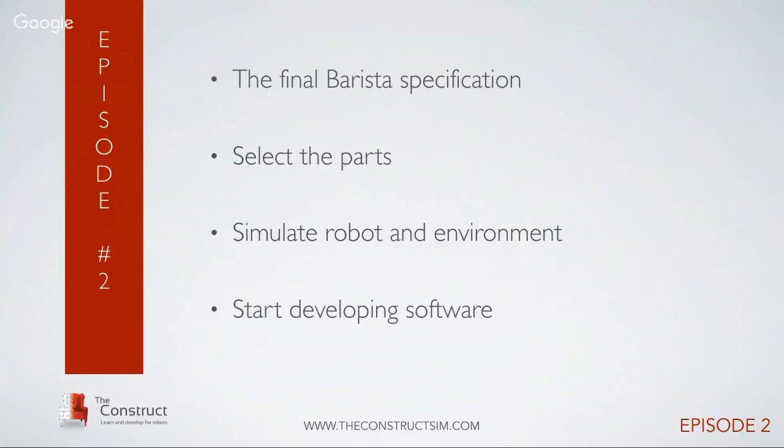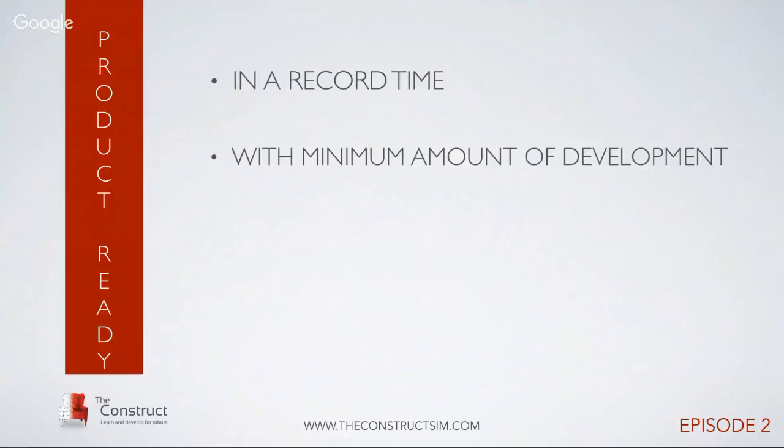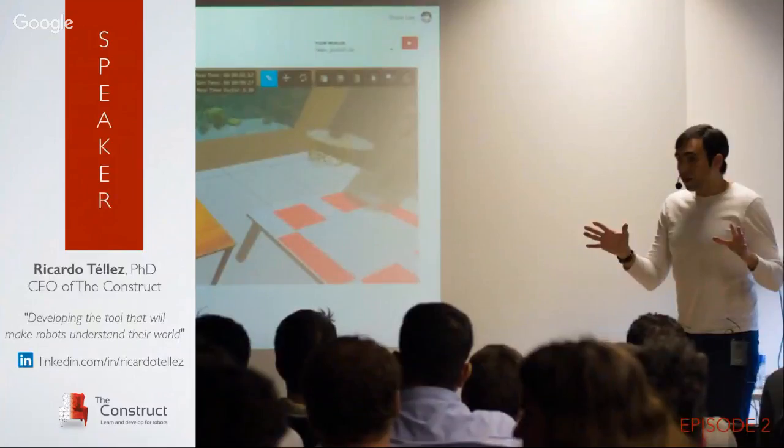So how do we do all this? Let's see. The idea is to have the product ready in record time, with just a small part of development and reusing as many parts as possible. And also, we want it to be easy to maintain. That's why reusing parts makes it easy to maintain.